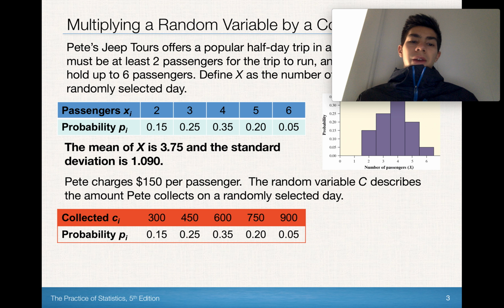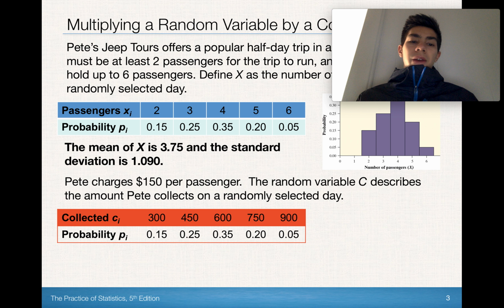You'll find out that the expected value of X times a constant is just that constant times the expected value of X. And our standard deviation has undergone the same change. If we multiplied 150 times 1.090, we would get 163.5, which is exactly what the standard deviation of C is.